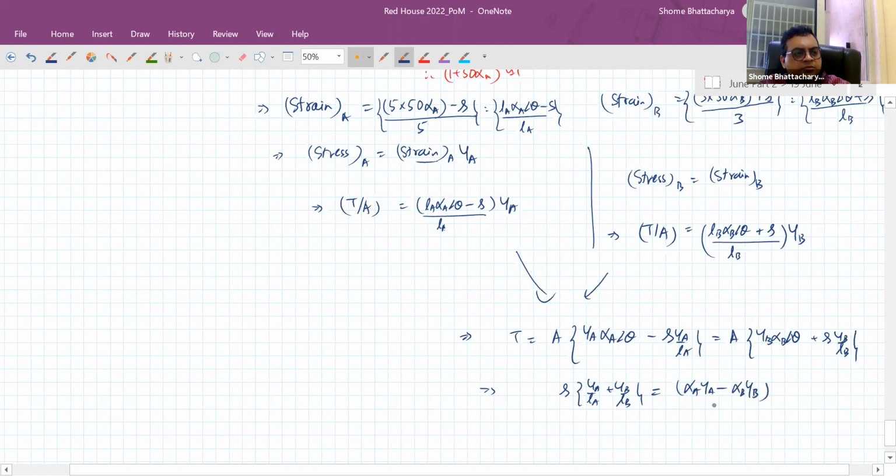So this factor determines which direction the displacement occurs in. The product of alpha into Young's modulus, whichever one has a larger product of these two will have the dominating factor. So the displacement will be given by this.